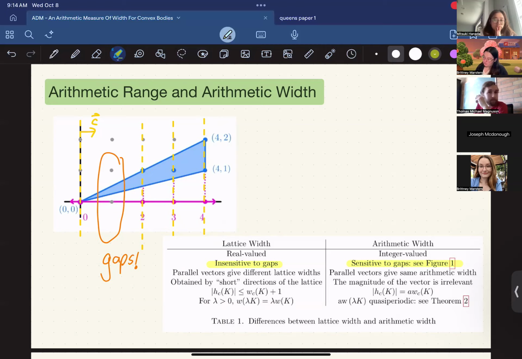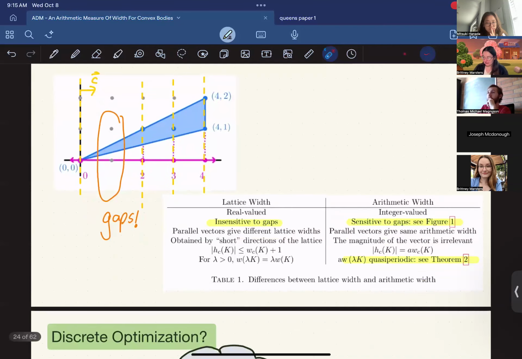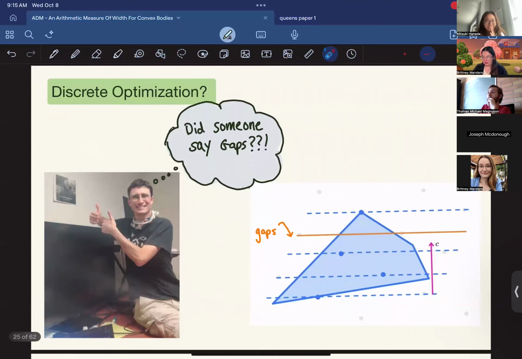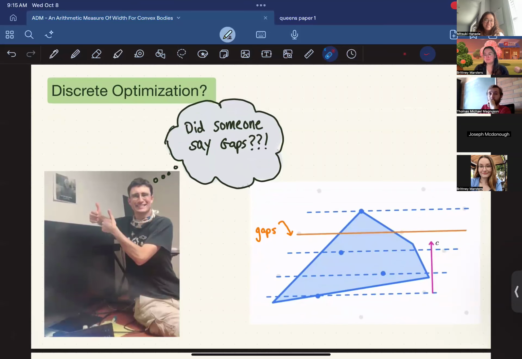And later on, we're going to talk about this idea here, okay? Which is we're going to get some sort of quasi-periodic behavior under dilation. Okay. With that, we're almost prepared to talk about some main results.